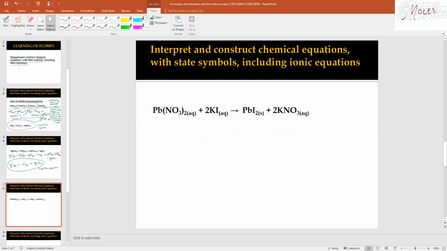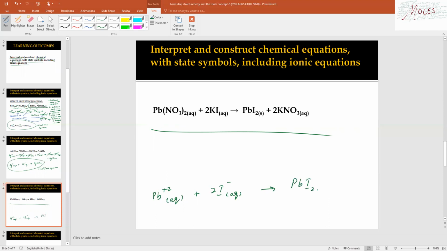For the next two equations, I am writing the final ionic equations. You need to work out and cancel the common ions by yourself. For this reaction, the ionic equation will be like this. You need to work out the steps in between these two by yourself.